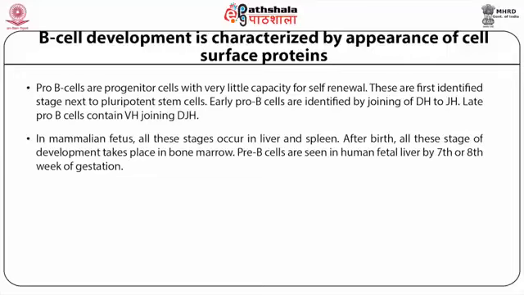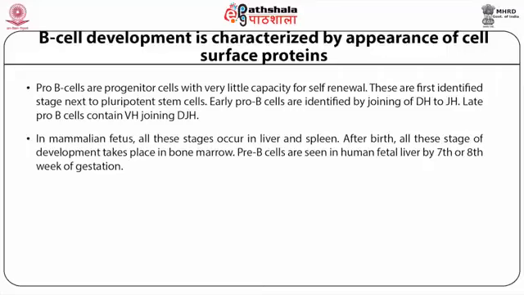Pre-B cells are seen in human fetal liver by the 7th or 8th week of gestation. By the 9th week of gestation, B cells in fetal liver have surface receptors for the complement and IgM. By the 10th and 12th week, lymphocytes expressing other Ig classes are present.